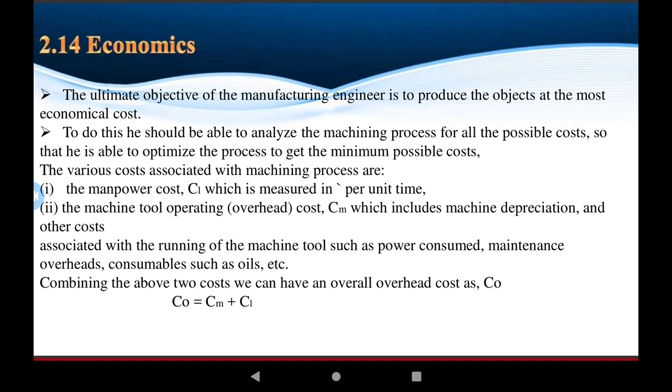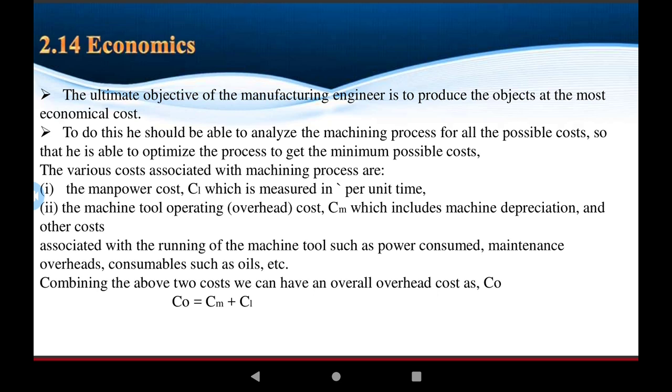The second part is the machine tool operation overhead and other losses, CM, which includes the machining cost and other costs associated with the machine tools, such as power consumption, maintenance overhead, and consumables like oils, and other factors.